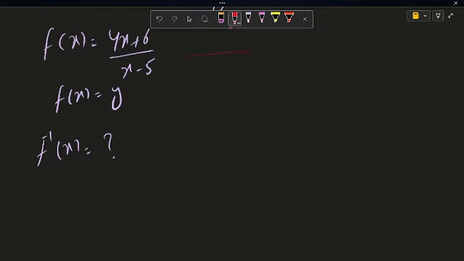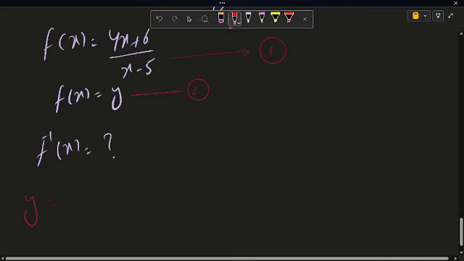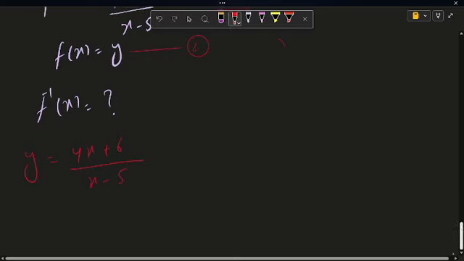This is my equation number 1. Now I'm going to shift it so that x is the subject. Putting equation number 2 into it, I have y equals 4x plus 6 over x minus 5.